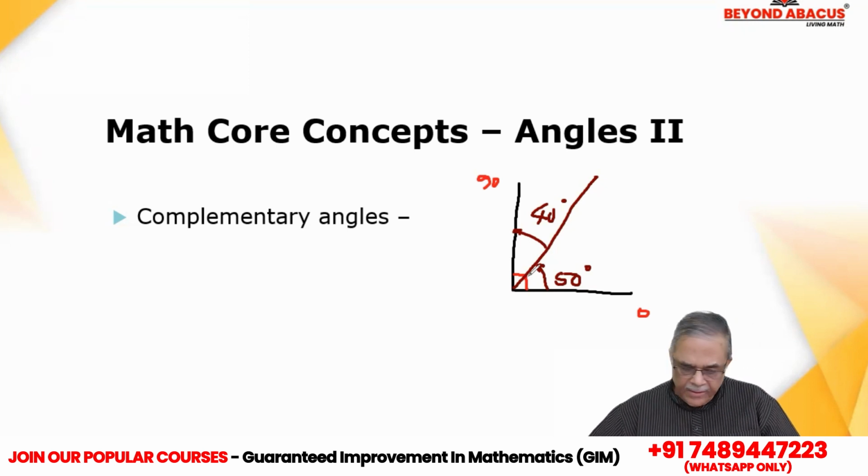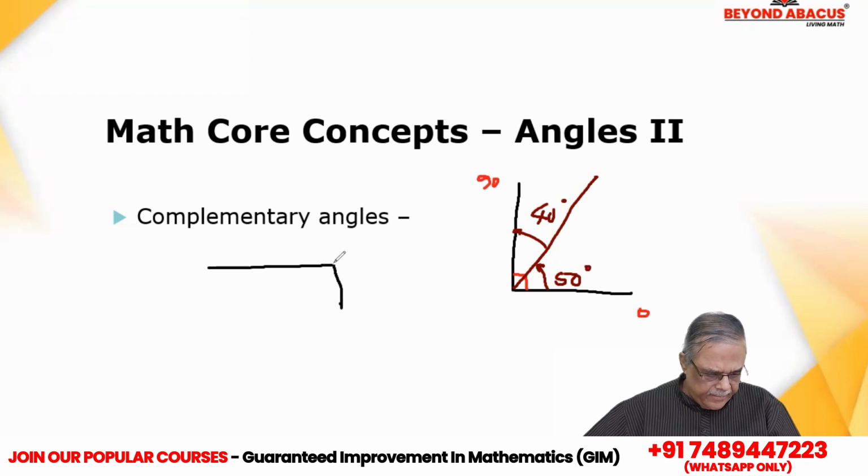So supposing I have one more, let us see one more. Suppose I make this angle and I make again 90 degree angle, and I make one line like this, or make an acute angle like this. Now suppose this is 45 already.